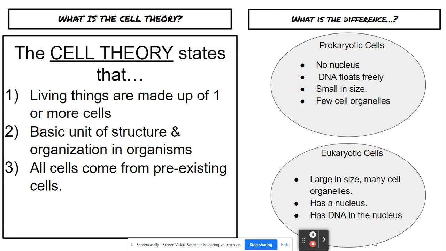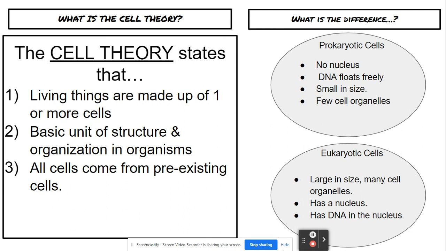Okay, so hopefully you found these things too. So cell theory, remember we had an anchor chart. Living things are made up of one or more cells. Number 2, basic unit of structure and organization in organisms. And all cells come from pre-existing cells. Okay, for some differences between prokaryotic and eukaryotic cells.